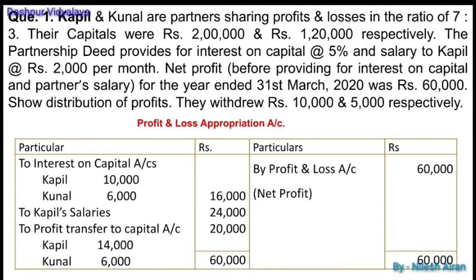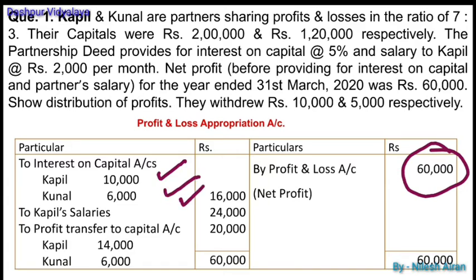Here we can see that the profit for the current accounting year, that is 60,000, will be credited first of all on the credit side, and then interest on capital will be recorded in the debit. It is 5% on 2 lakh rupees, which means 10,000, and on 1,20,000, 5% means 6,000.